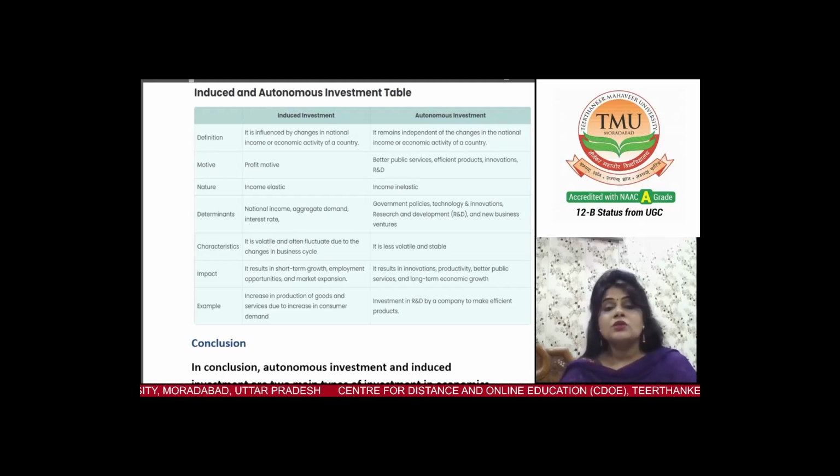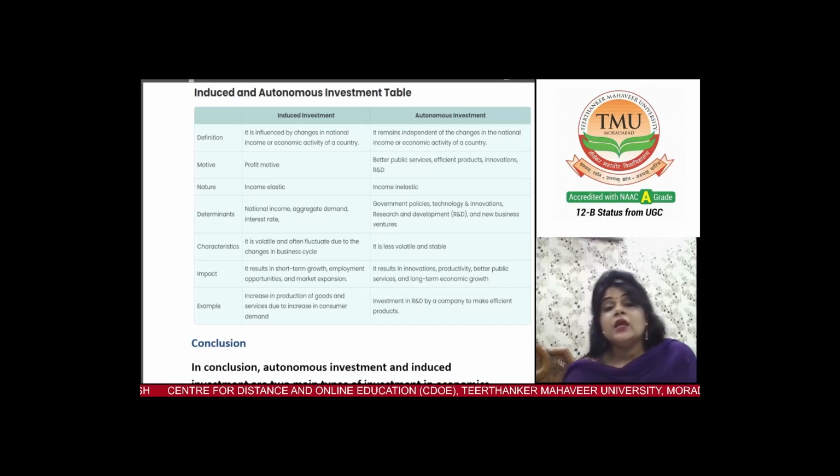So, autonomous and induced investment can be thought of in terms of marginal propensity to invest: the change in investment expressed as a proportion of the change in economic growth. When that marginal propensity is zero, the investment is autonomous. When it is positive, the investment is induced.